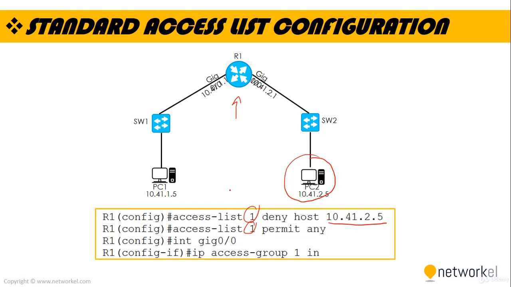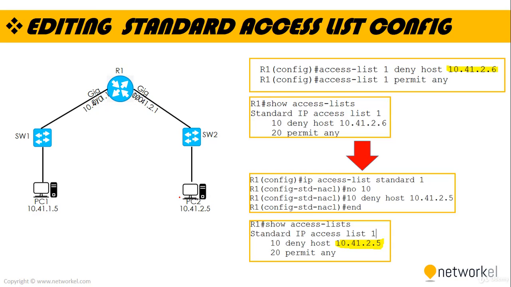Then we are getting into the interface mode, interface gig 0/0, which is here, and we are implementing the access list to inbound. That means in this direction. So PC2 will be denied, for example, if it wants to communicate with PC1.